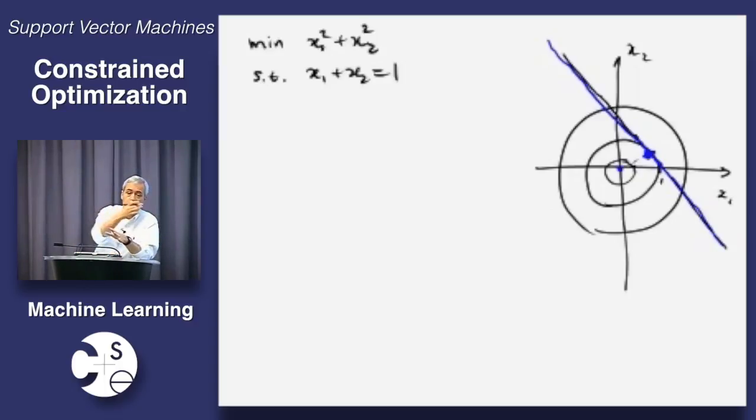What happens if the gradient is not perpendicular to the line? It means that it has a component along the line. Well, that means that I can keep walking along the line and make my function smaller. So the point at which I stop has to be the point at which the gradient of the function is perpendicular to the line. Which means that in order to use gradient descent and keep making the function smaller, I would have to get off the road. But I'm not going to do that.